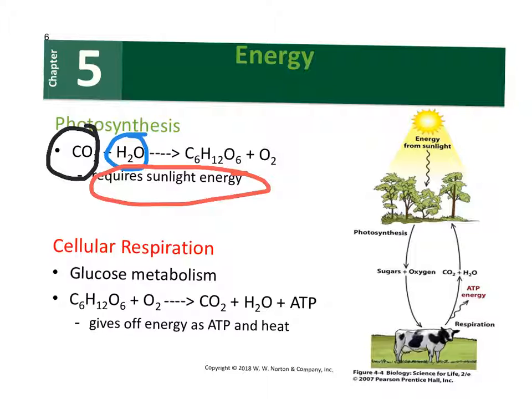And we'll look at the process in greater detail, but the end product is carbohydrate. And all carbohydrates are basically six atoms of carbon, 12 of hydrogen, 6 of oxygen, and in the process, oxygen is also released.